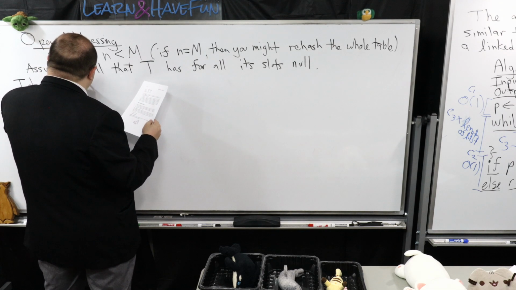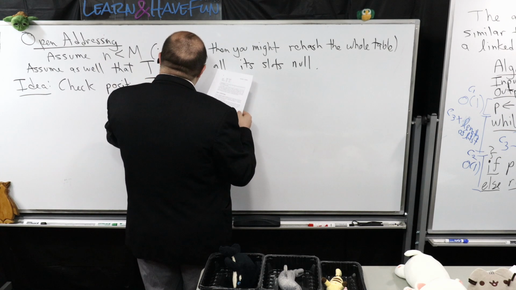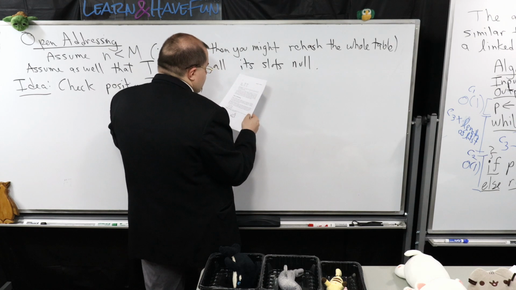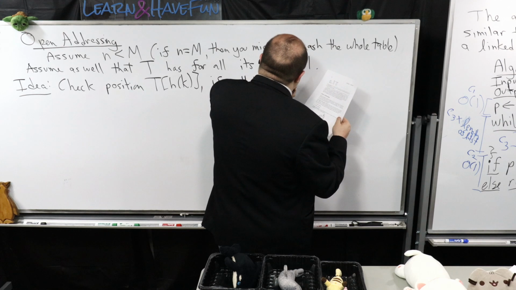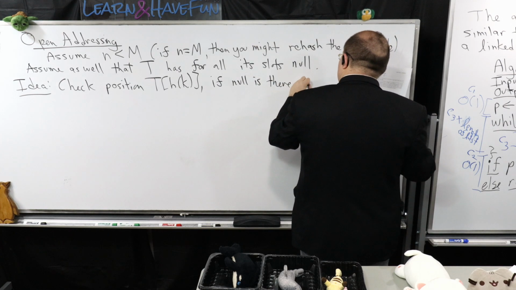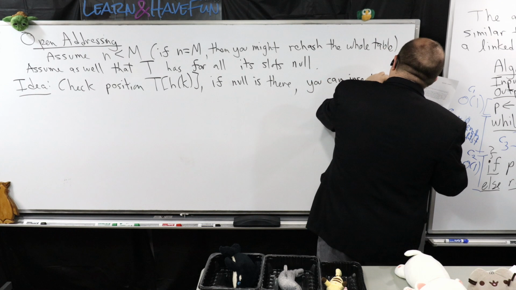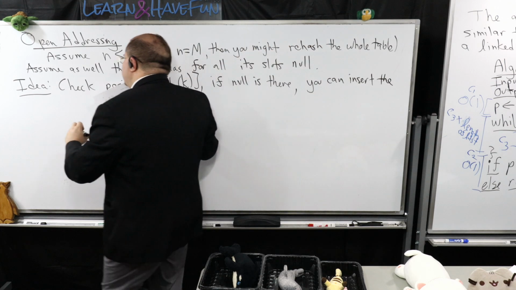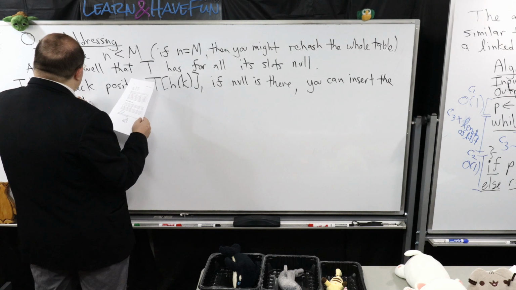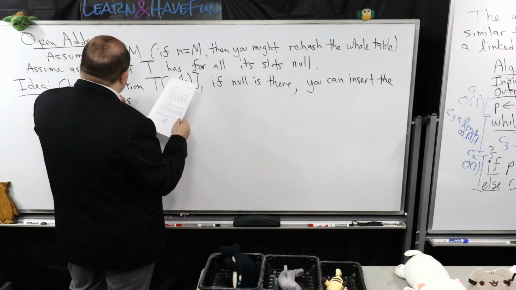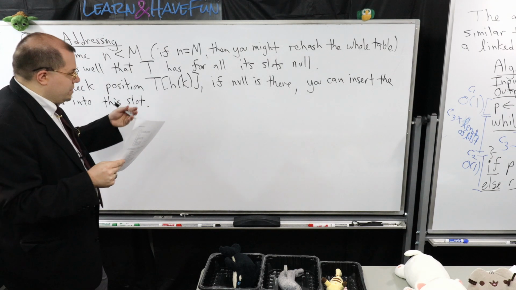Check position T sub h of k. If null is there, you can insert the record into this slot. So you literally just assign that position to your record, the pointer to your record.